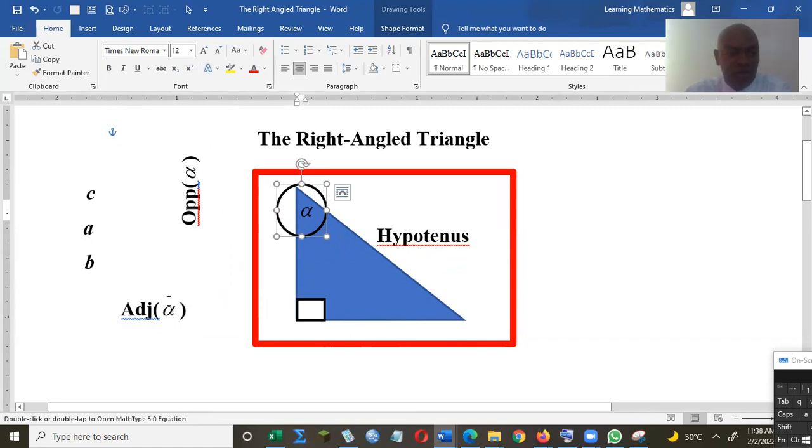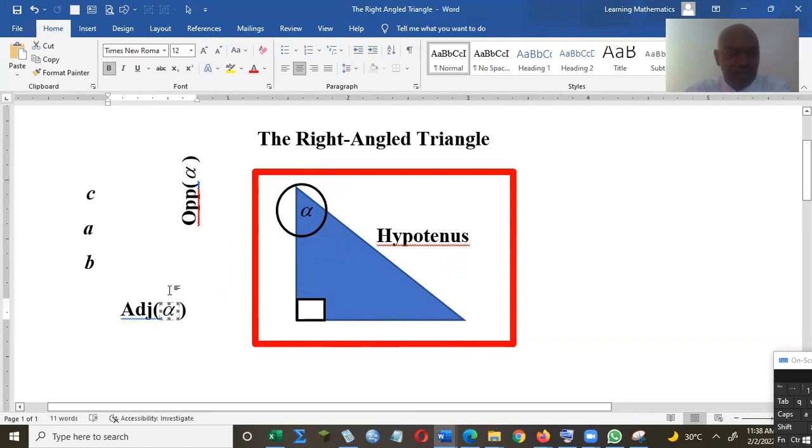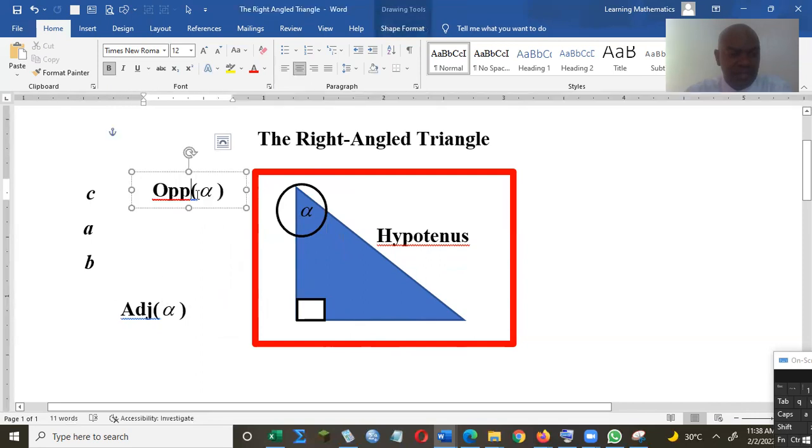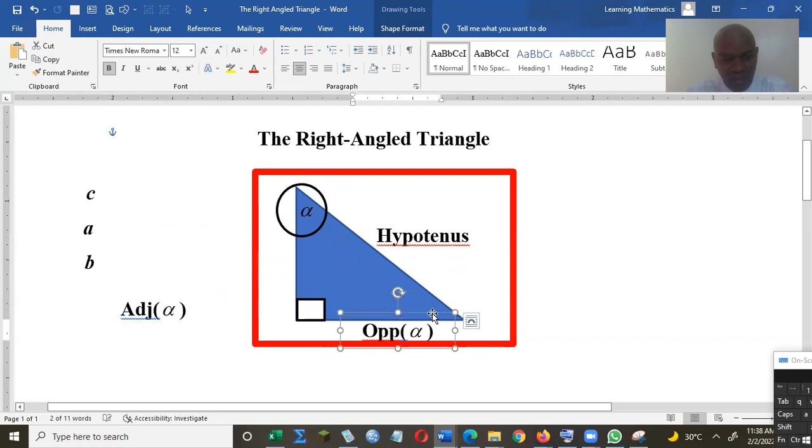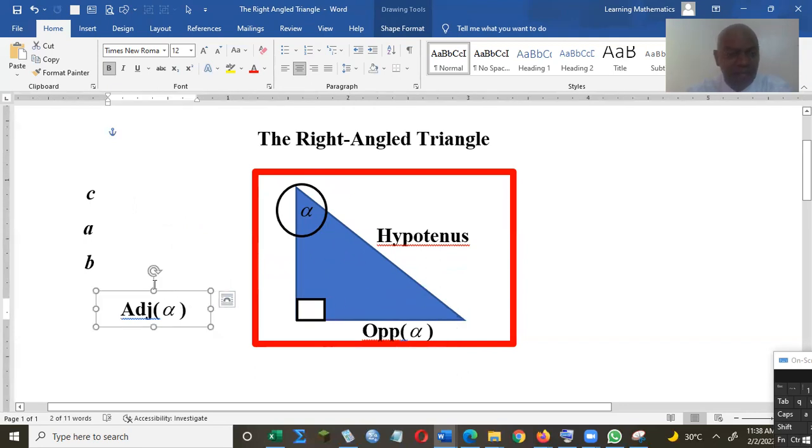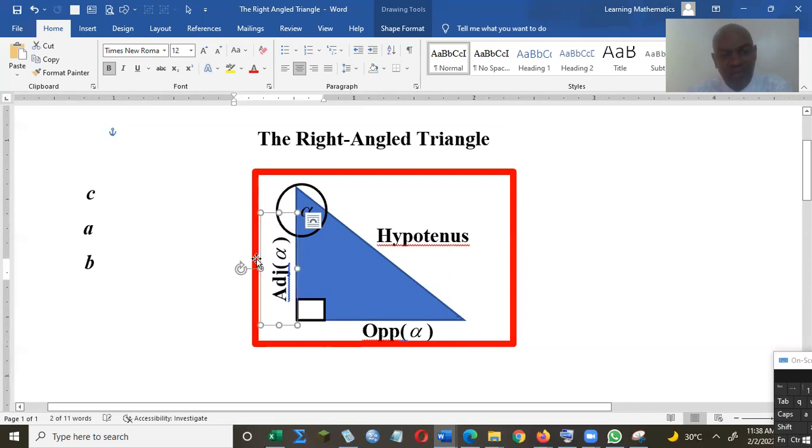However, the horizontal side will now be opposite to the angle alpha because it's away from it, and the vertical side will now become adjacent to the angle alpha. So always bear that in mind when one of the acute angles is given. The two sides that form the 90 degrees will always be labeled in reference to the angle.